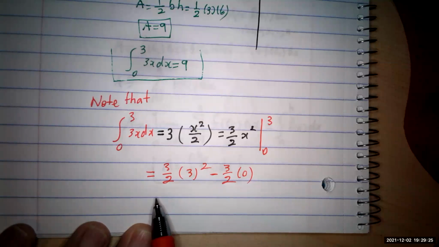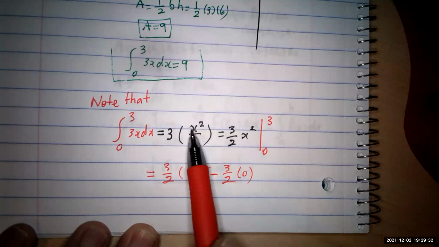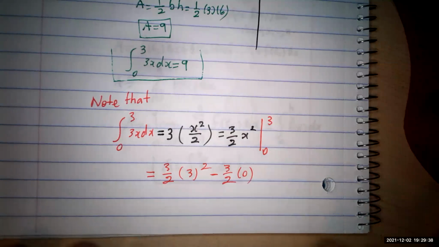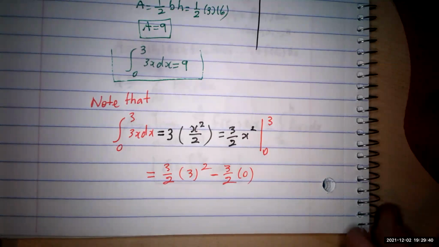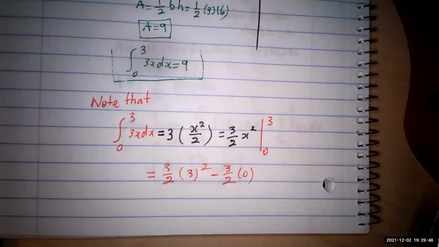Did I miss anything here? That was 3x, x squared over 2. Okay, I should have missed something somewhere. What is that number, that was 3x squared over 2? Isn't the original problem 2x dx?